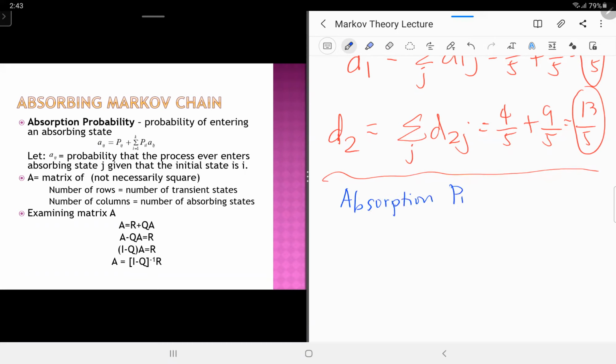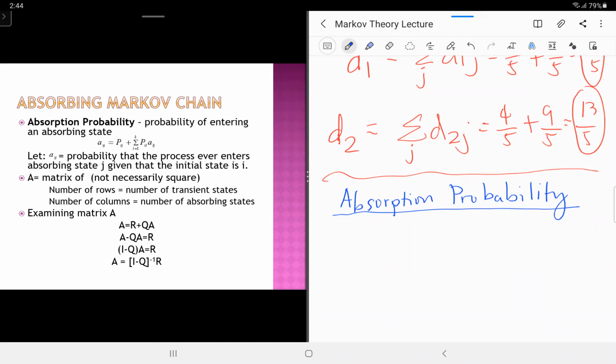So this time, unlike the other two calculations where we were counting the number of transitions or the number of times that you pass through a specific transient state, this time we're calculating the probability of entering an absorbing state.